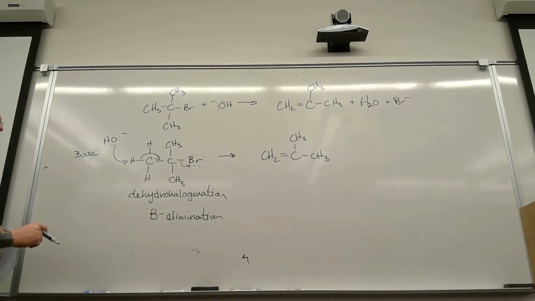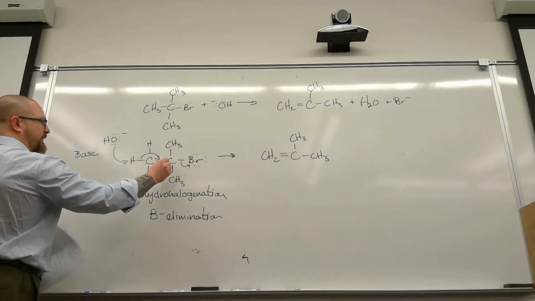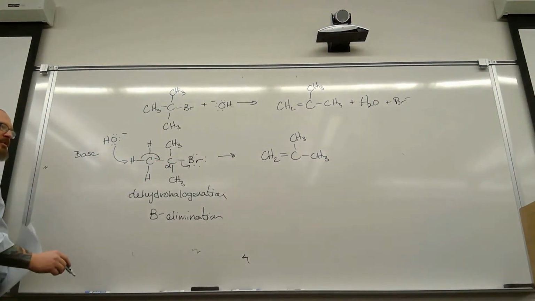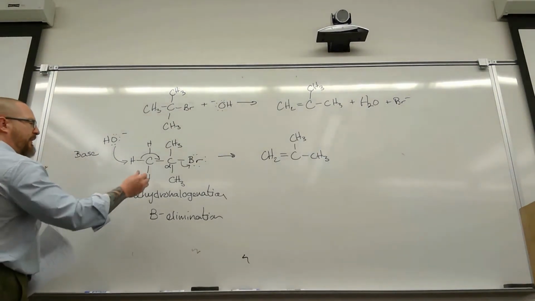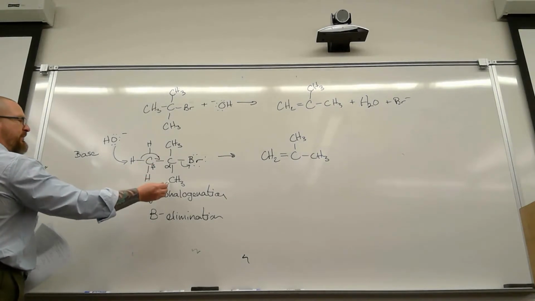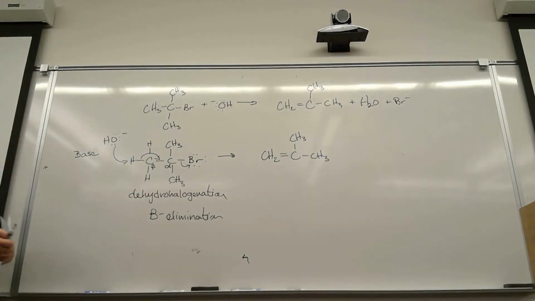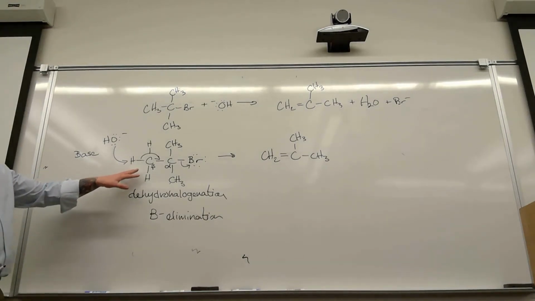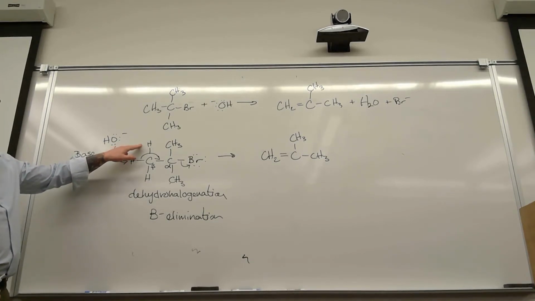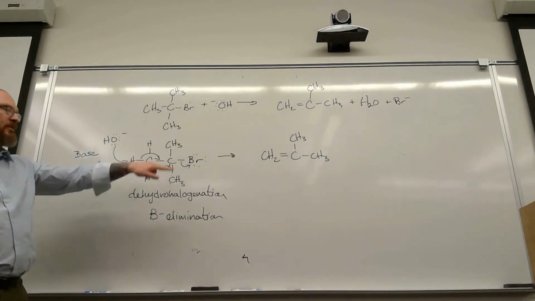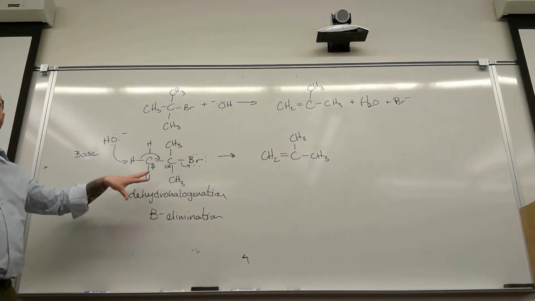The reason it's called beta elimination is because this is our alpha carbon, the central carbon, which has the halide bound to it as the alkyl halide, and this is our beta carbon. And that is also our beta carbon. One of the reasons this has a high chance of happening is because we can take this hydrogen, or this hydrogen, or any of these three hydrogens, or any of these three hydrogens, because they're all equivalent.